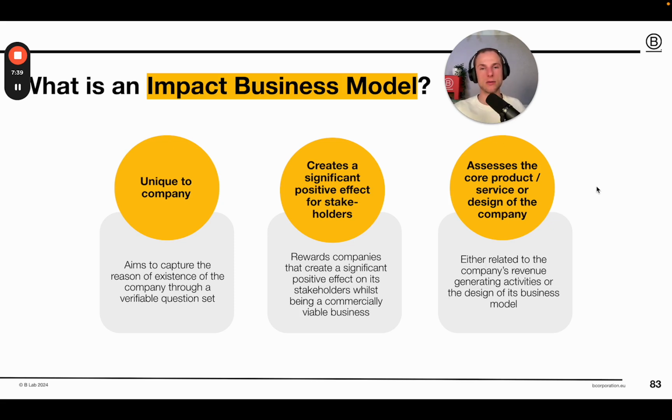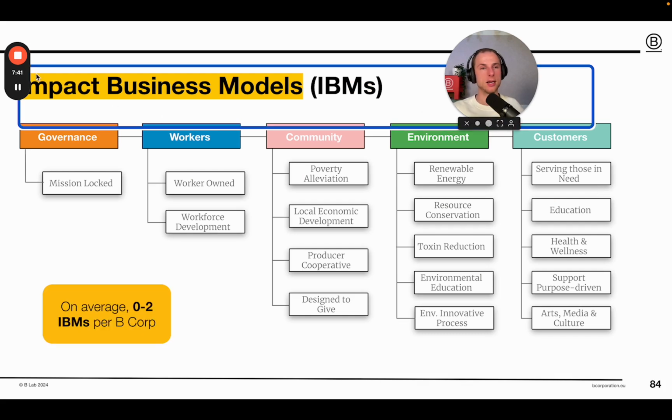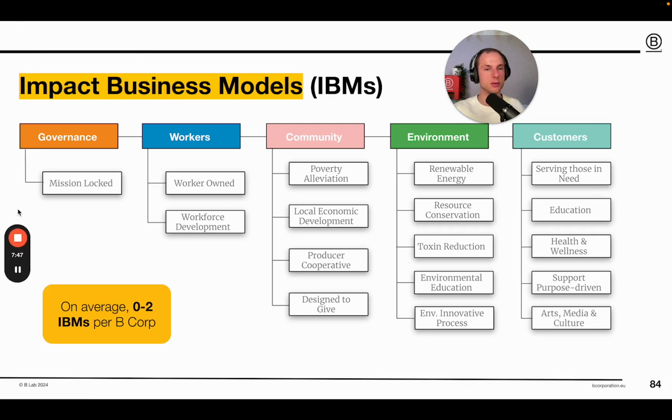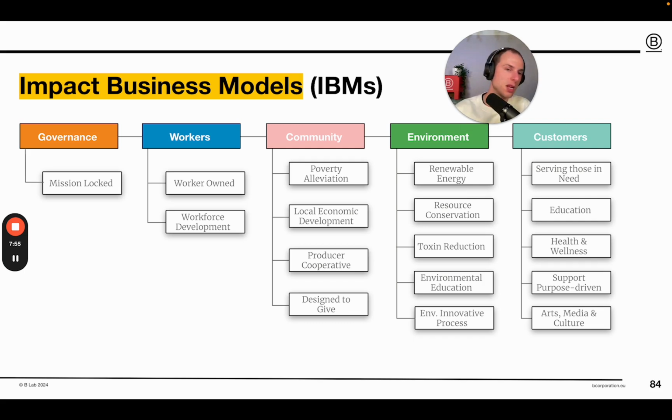And we can look for a second at the different kinds of impact business models in the assessment. Let me drag this away. So these are all the impact business models that are in the assessment. Again, they are structured by each of the impact areas.